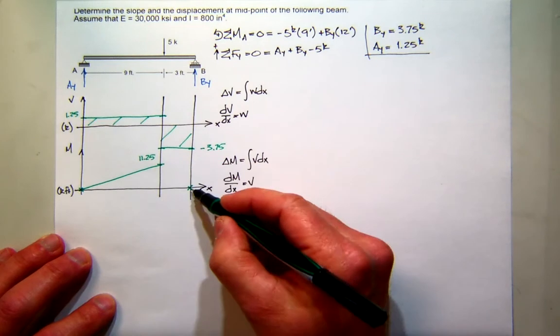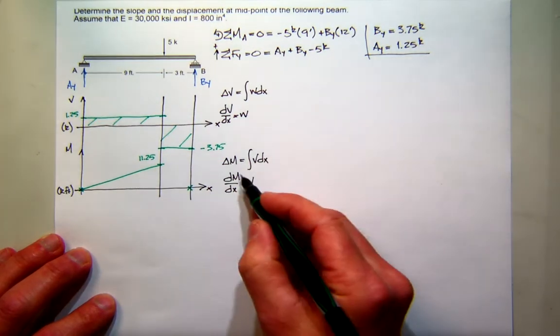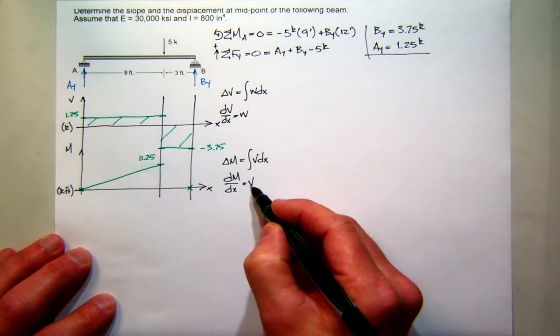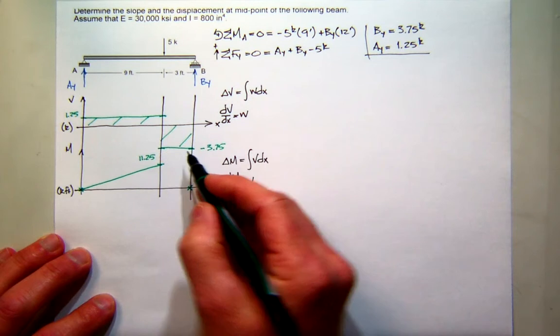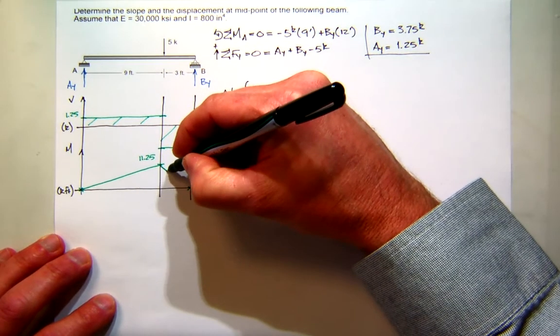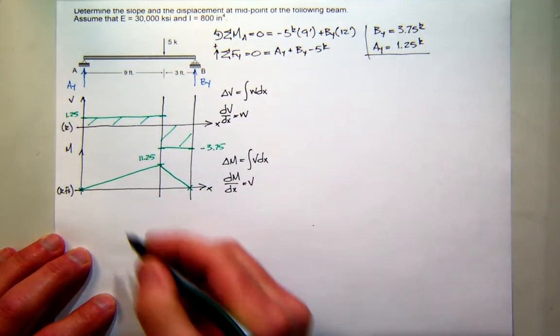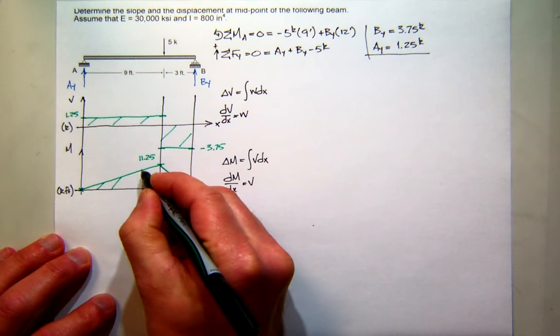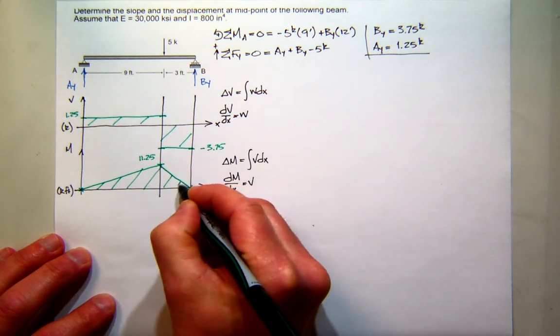That brings us back to 0. The slope of the curve is the value of the shear. The shear is constant and negative. So you can see our moment diagram is shifted to the right just a little bit.